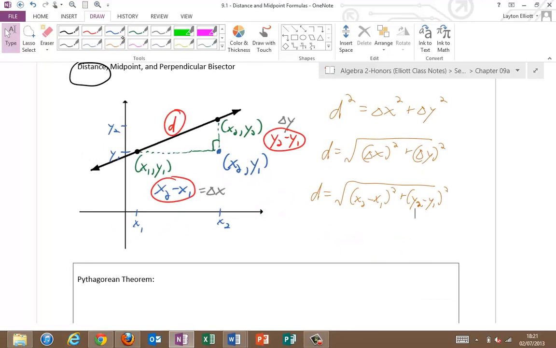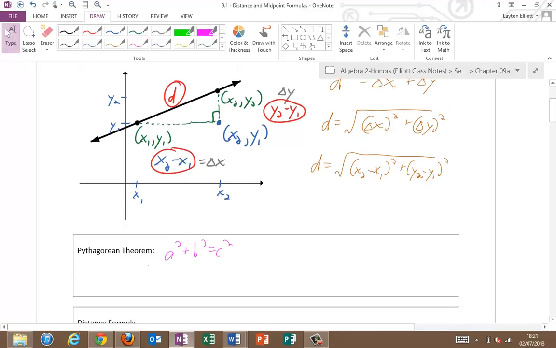And let's remind ourselves of the Pythagorean theorem. In a right triangle, a squared plus b squared equals c squared. Let's write it out a little bit more formally.